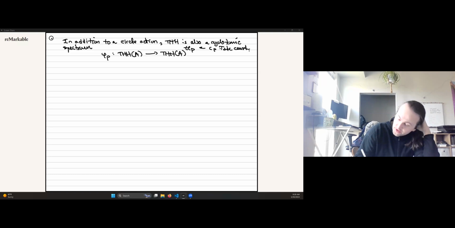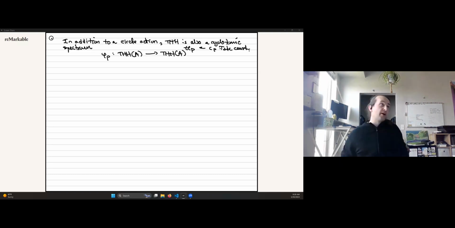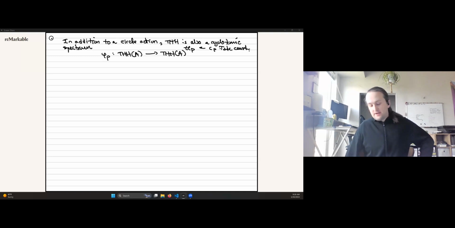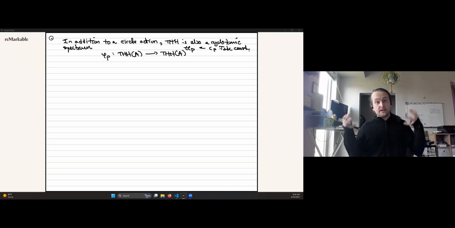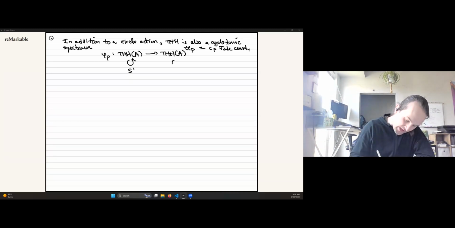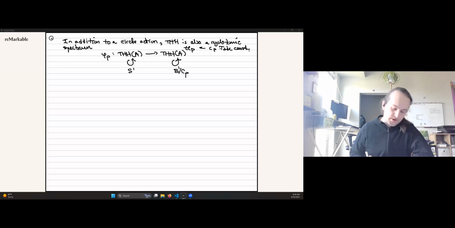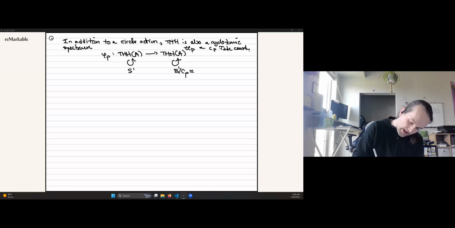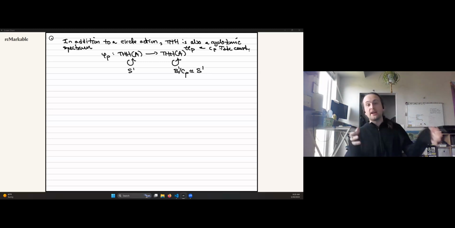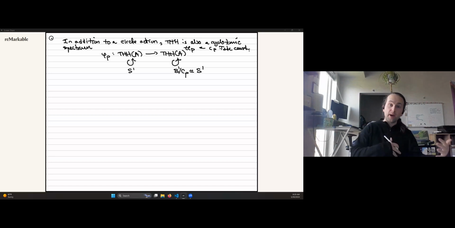It's some sort of spectral analog of Tate cohomology from algebra. And here we ask that this map is S^1-equivariant, where we put the usual S^1 action on THH of A, and then we give the target the S^1 mod C_p action, which we can then identify with S^1 via either the pth power or the pth root map.